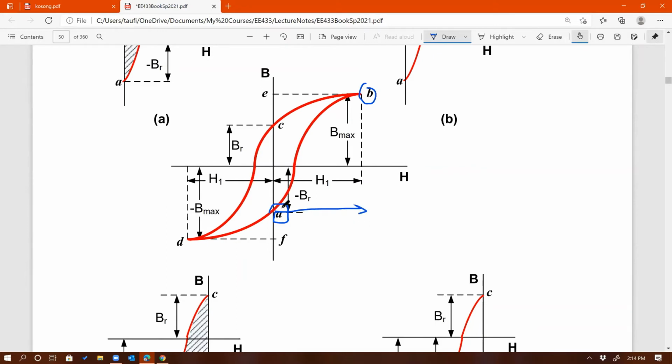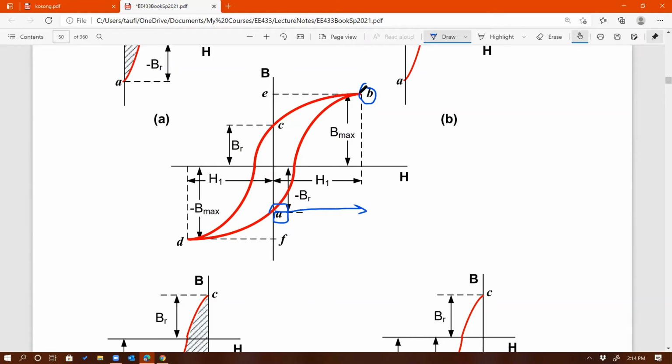Remember, H is proportional to I, so H is increasing from A to B, and therefore I is increasing from A to B. That means it is charging from A to B. So the portion of the graph from A to B is where we are charging the inductor, as an example.